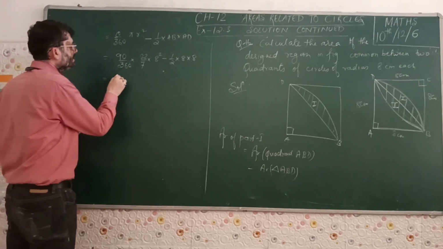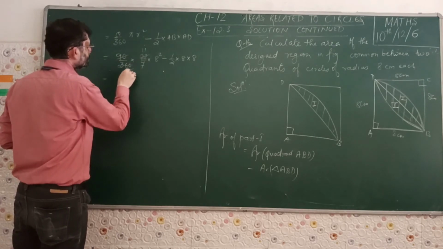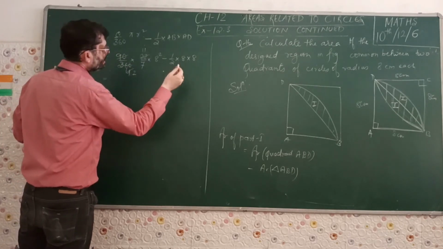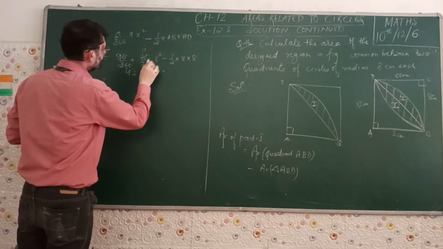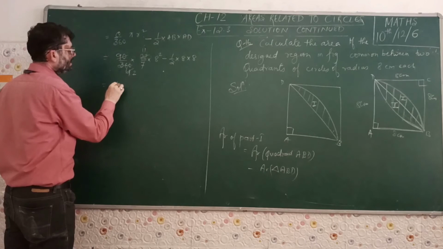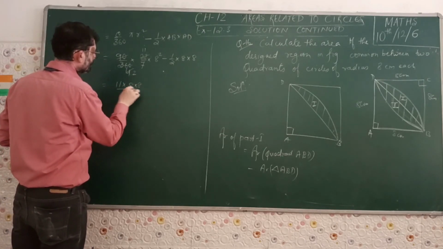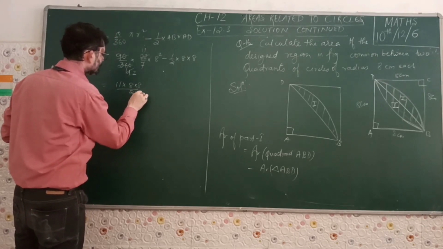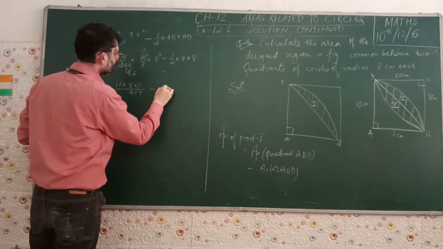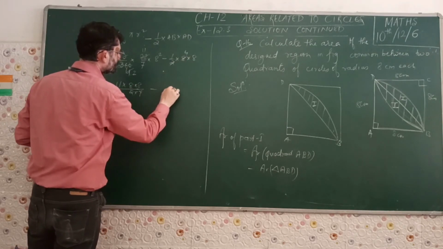So let us simplify it. This is 90, 4s are 2, 11s are 22, and here this is 8 square. So we could have written this once again as 11 into 8 into 8 by 2 into 7 minus, 2 4s are 8, this is 22.